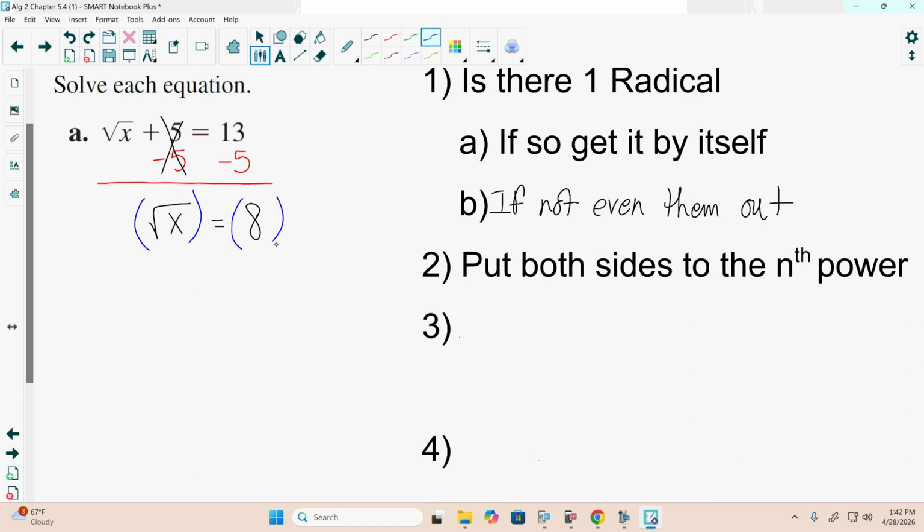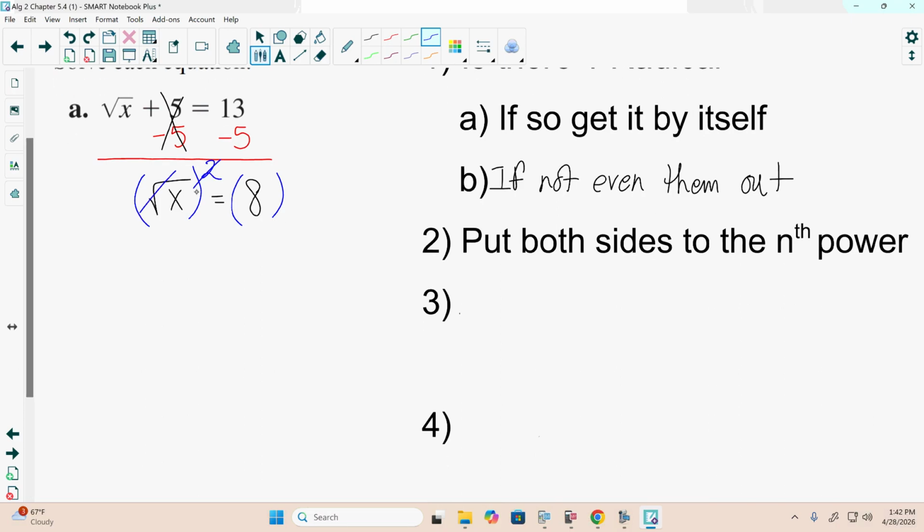So what power are we going to put both sides to? 2. Because the square root and square would cancel, leaving us with x. And what we do to one side, we have to do to the other.